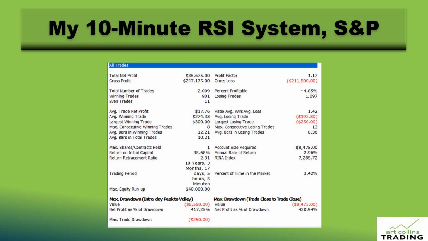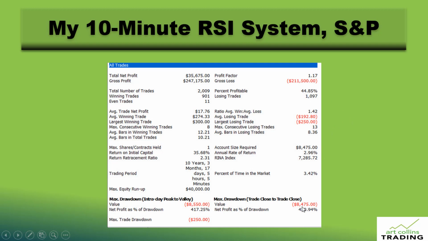Okay, this is your result in the S&P, mini S&P, from 2010 through April 24th, 2020. $35,000 profit off 2,000 trades. As I'm fond of saying, you got enough where you can't consider this fluky. $17 a trade before slippage and commission. 44.85% of your trades are winners.